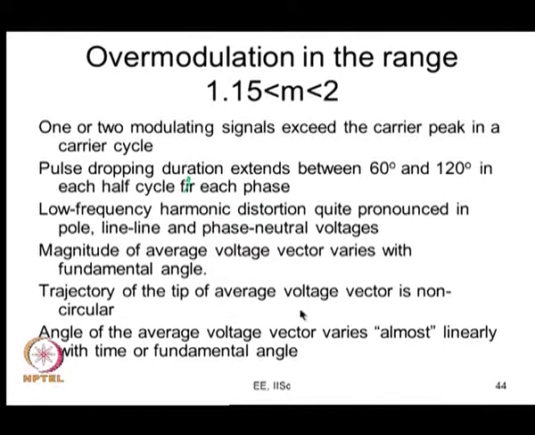Again, because this magnitude is varying, the trajectory of the tip of the average voltage vector is no longer circular. It is more non-circular than it was before, if I can use the term. Then the angle of the average voltage vector, however, continues to be almost linear with time. So, it is still more or less equal now.